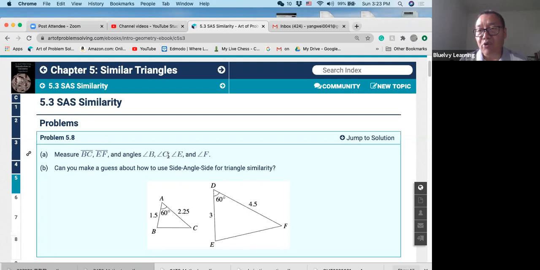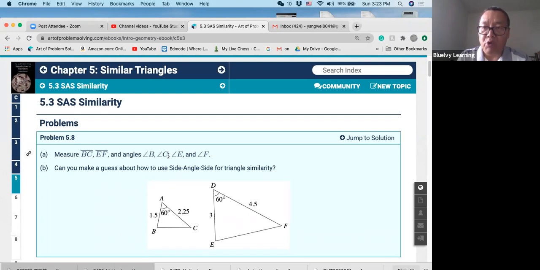In congruent triangles, SAS means you have two pairs of sides that are congruent, okay? Not just having the same ratio. You require two pairs of sides to be congruent, that means they're exactly the same. Then the angle formed by these two sides is congruent, right? But here, we do not require these two pairs of sides to be congruent.